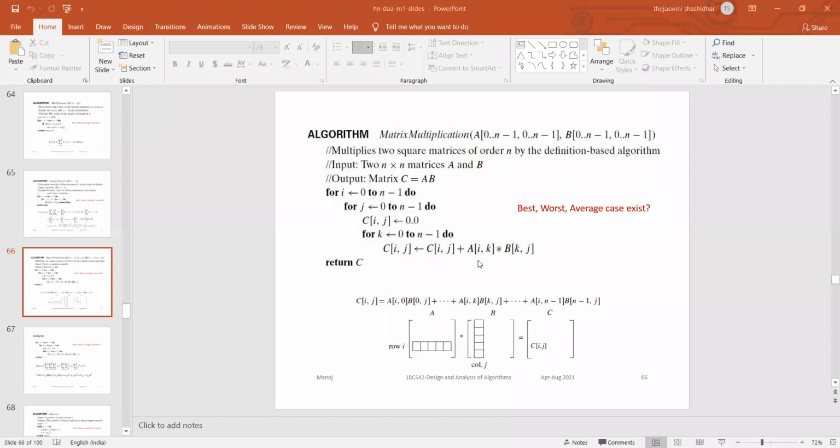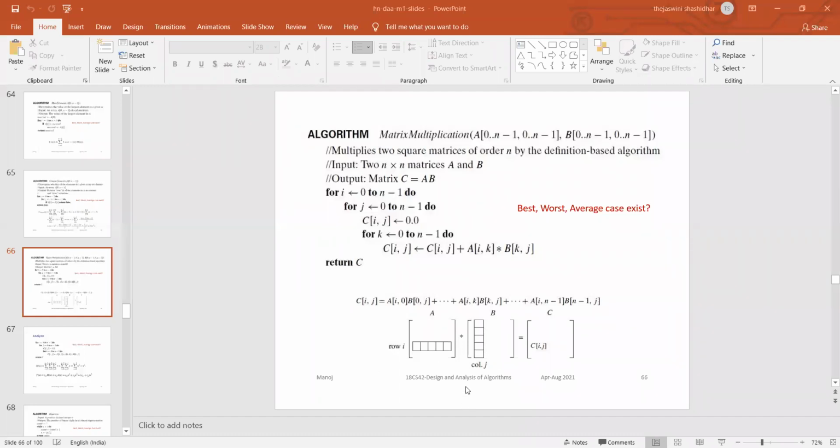Then we multiply the ith row of A with the jth column of B. Matrix multiplication is represented as row into column: first row into first column, first row into second column, and so on.